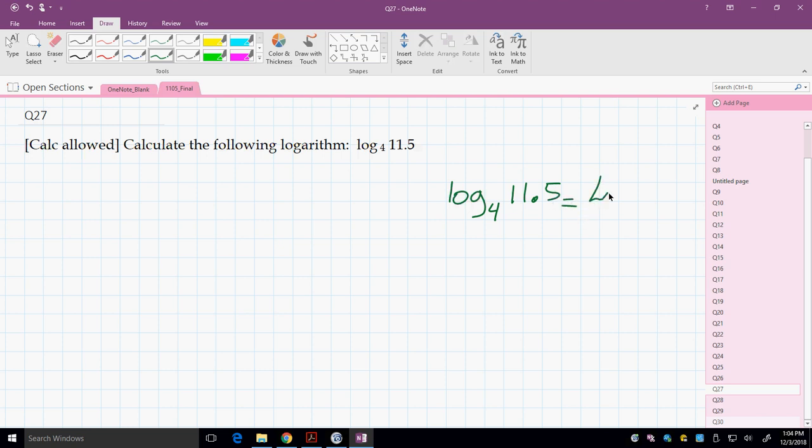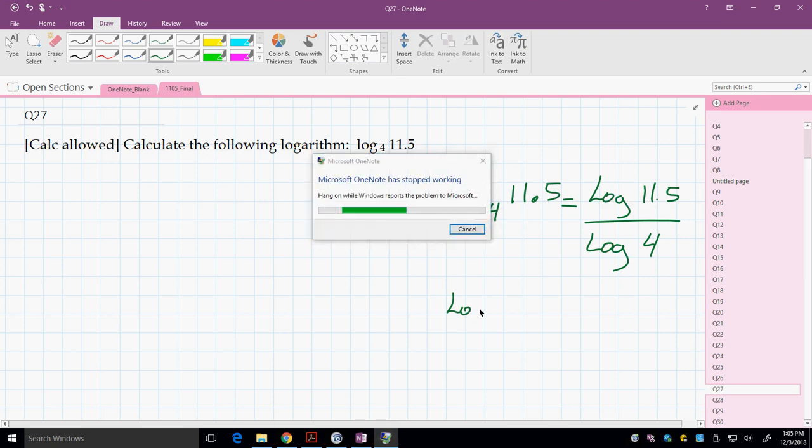We're going to put in the calculator log 11.5 over log 4, which is the base. Log 11.5 close parenthesis divide log 4 close parenthesis enter, and that is going to give you an approximation.